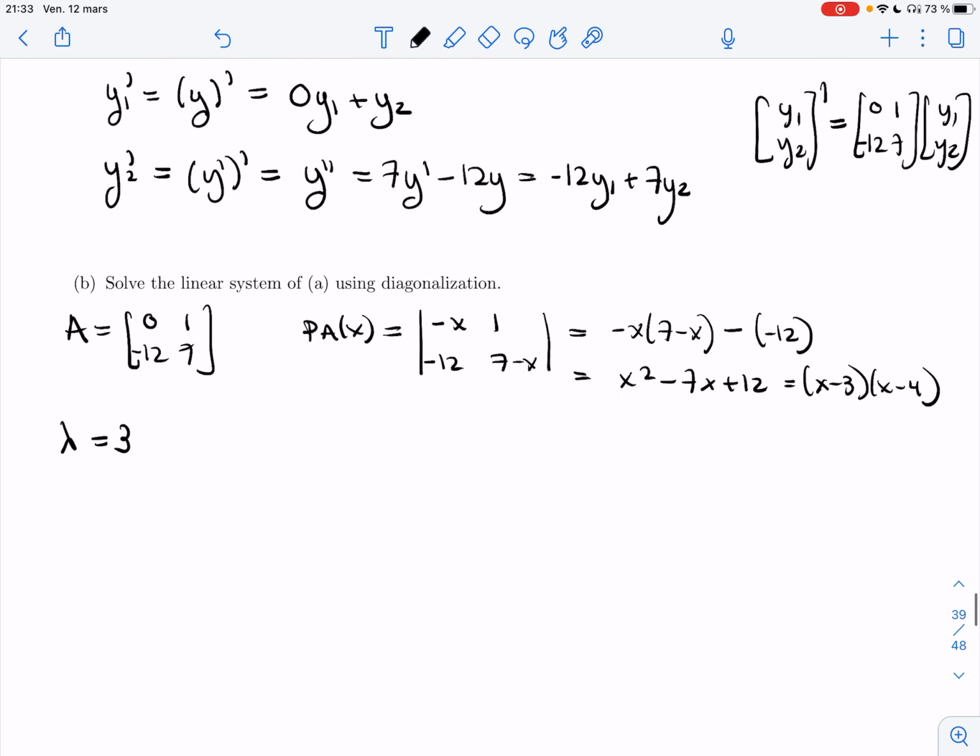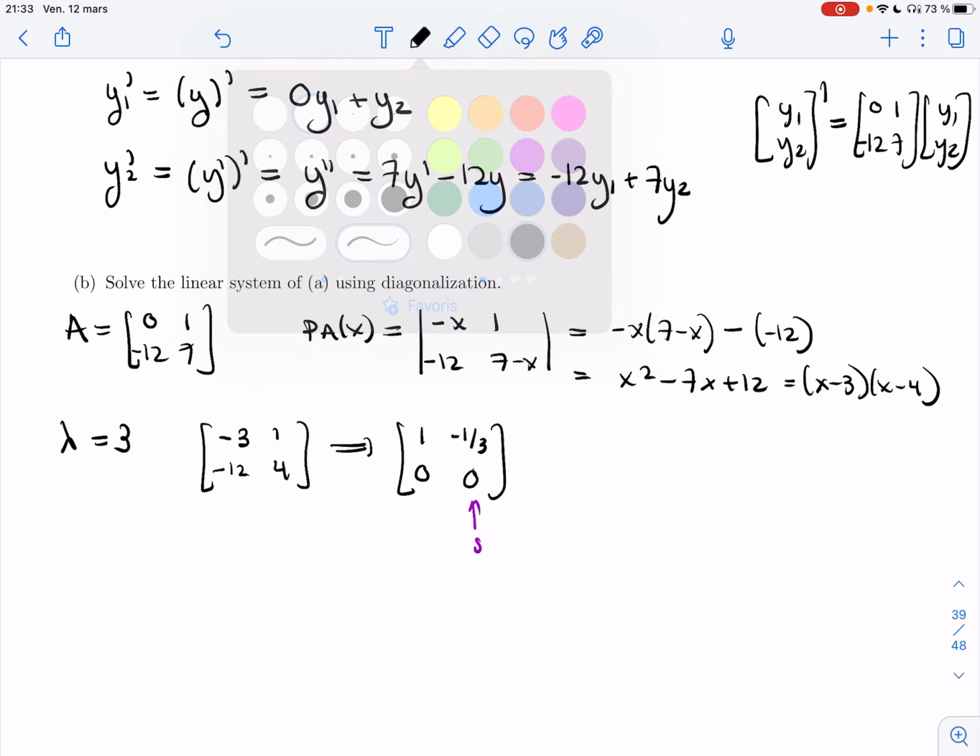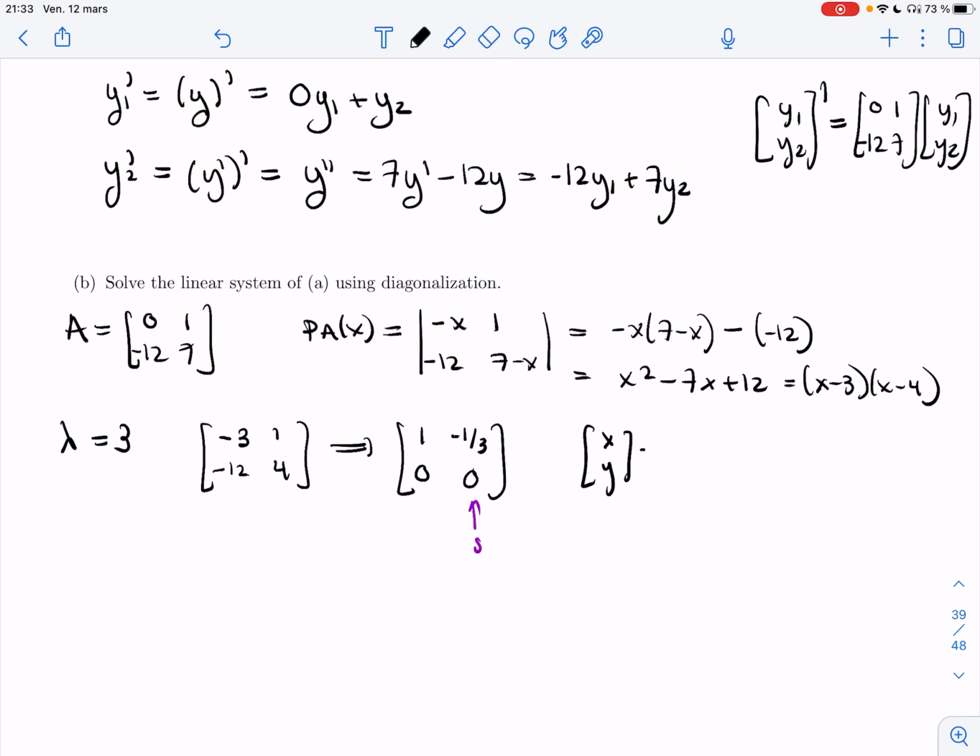Let's find the eigenvectors for 3. So I have minus 3, 1, minus 12, 4. When I reduce this, I get 1, minus a third, 0, 0. And so x will be a third of s, and y will be s. I can take s equals 3, so I get the vector 1, 3.